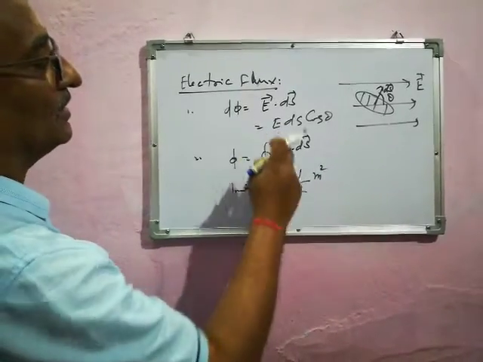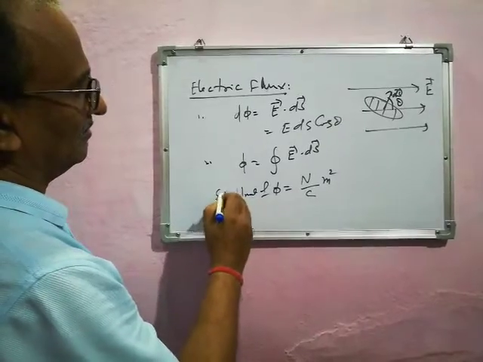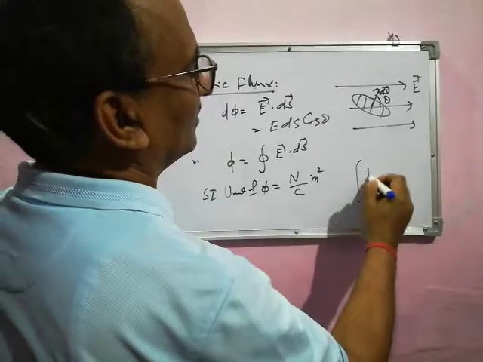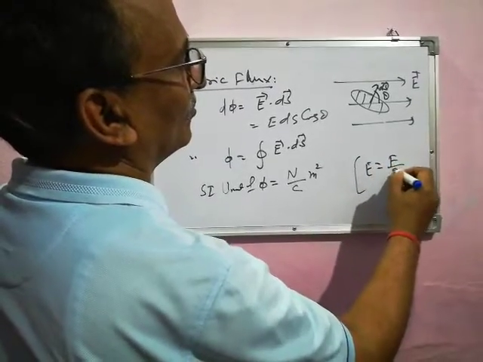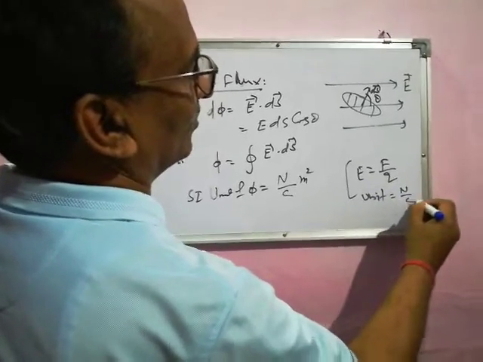So the SI unit of electric flux is Newton by Coulomb into meter square. And since electric field is F by Q, its SI unit is Newton by Coulomb.